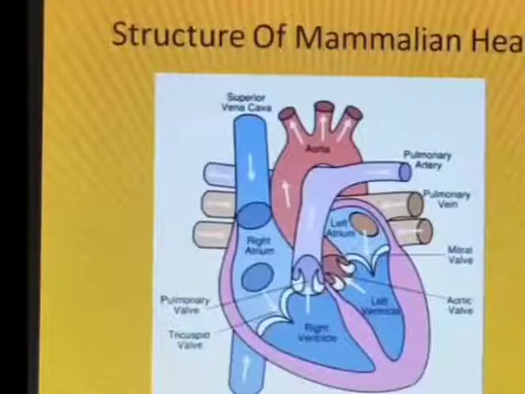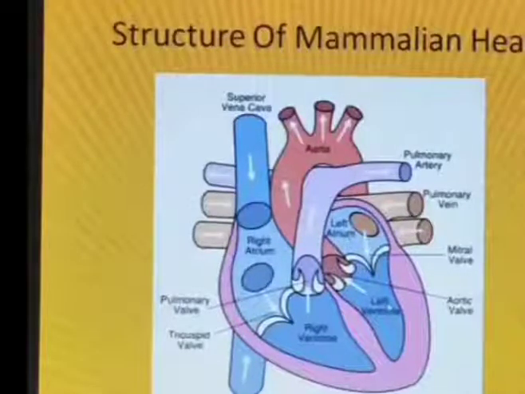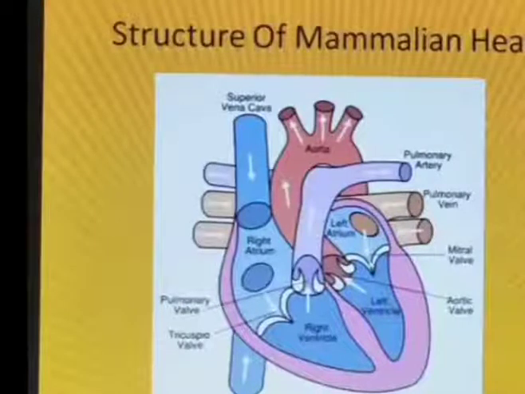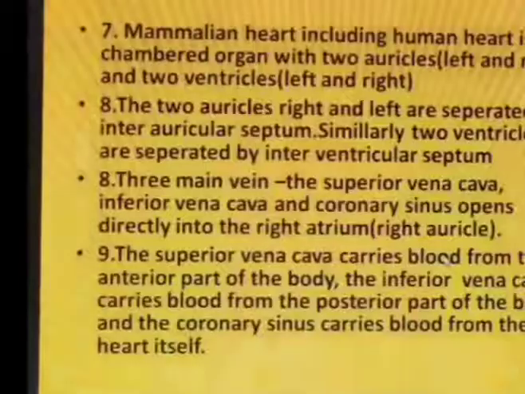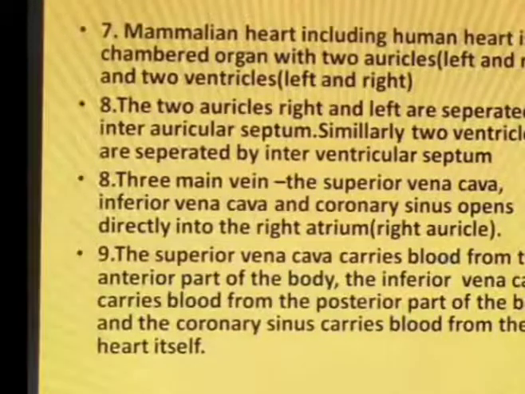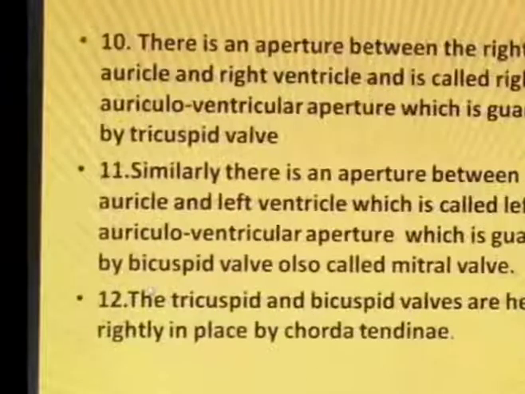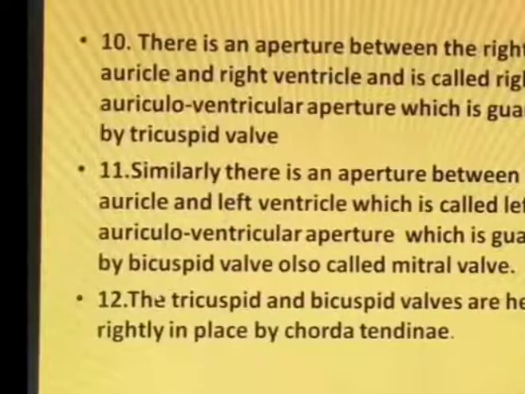Similarly, there is an aperture between the left auricle and left ventricle, also called the auriculoventricular aperture, guarded by the bicuspid valve or mitral valve. The tricuspid and bicuspid valves are held rigidly in place by chordae tendineae.